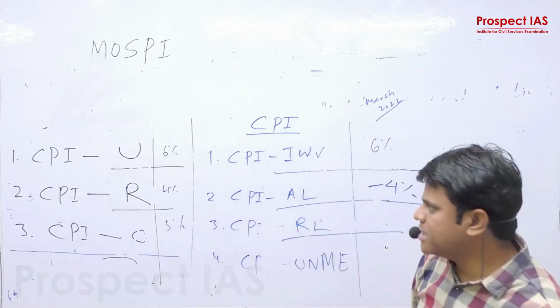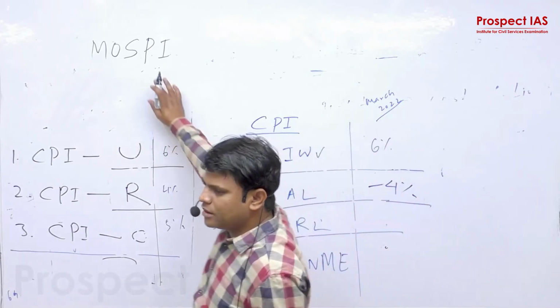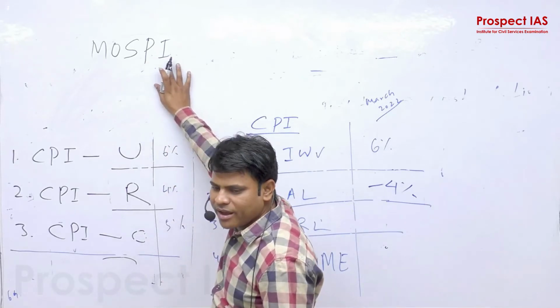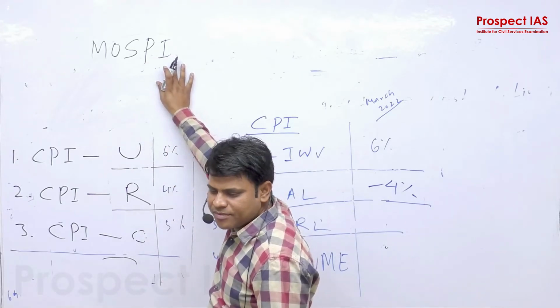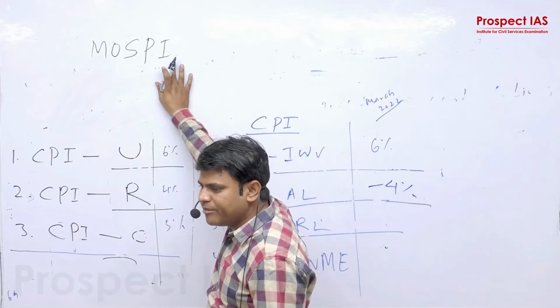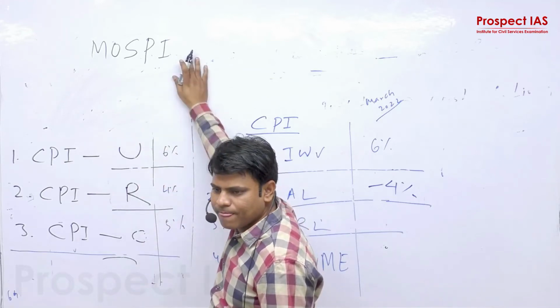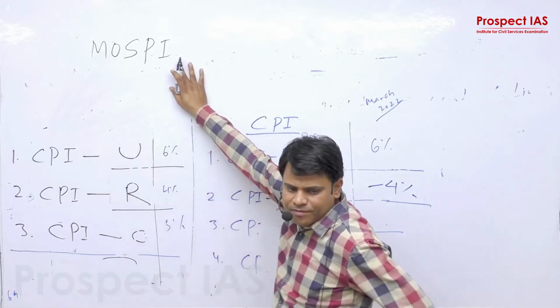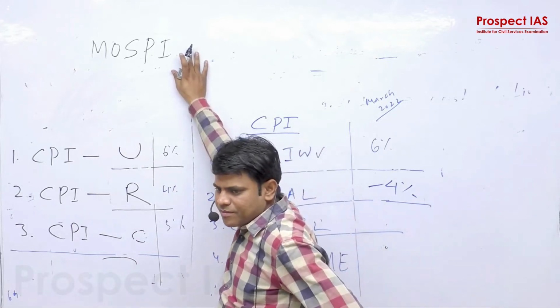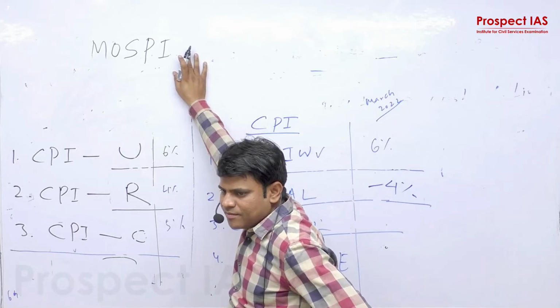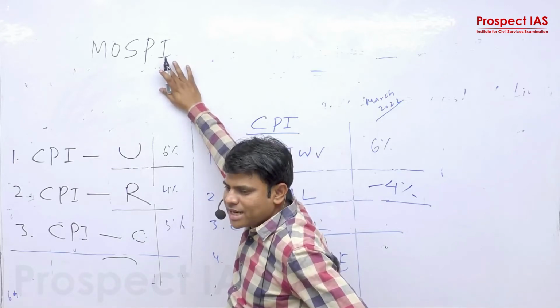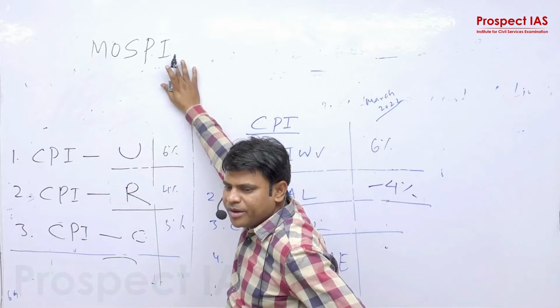MOSPI एक मिनिस्ट्री है, इसका फुल फॉर्म है मिनिस्ट्री ऑफ स्टैटिस्टिक्स एंड प्रोग्राम इम्प्लीमेंटेशन, है ना. लिखो, MOSPI publishes CPI based inflation every month, Ministry of Statistics and Programme Implementation.